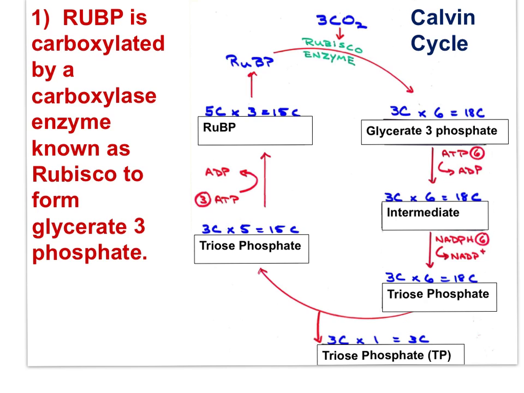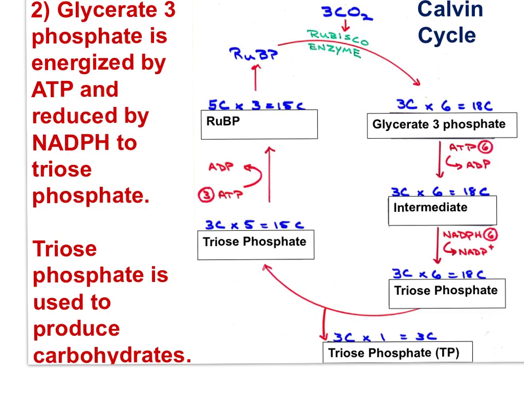It's a 3-carbon carbohydrate. RUBP is carboxylated by the enzyme Rubisco to form glycerate 3-phosphate. This is the first primary product. Rubisco is a critical enzyme in photosynthesis and is the most abundant protein on Earth.